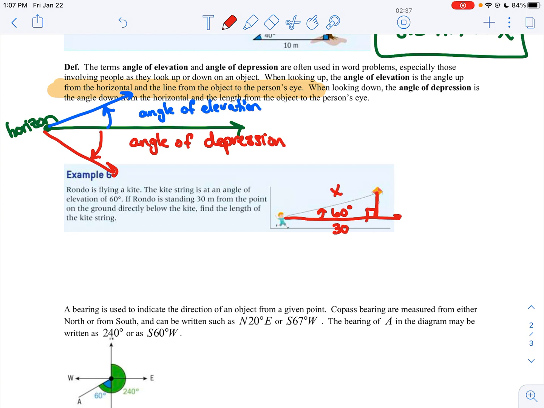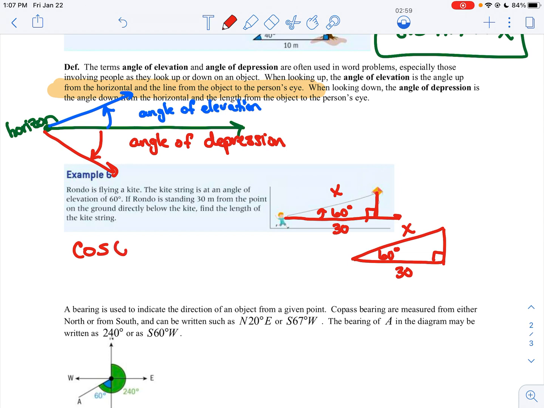So then what I like to do is once I look at my diagram, I pull the triangle out. This is 60 degrees, this is 30, this is x. Which trig function would I use here to solve for x? Well, you should hopefully have said cosine.